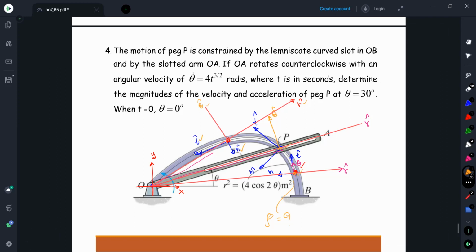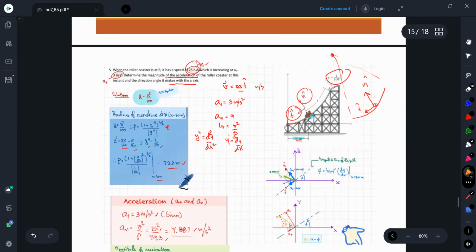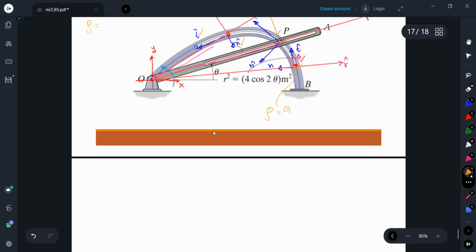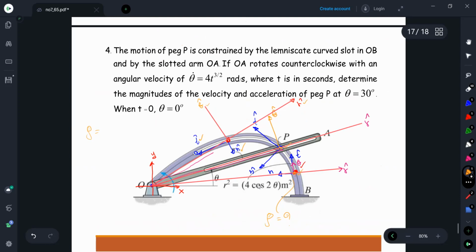Okay, because we don't know exactly the path in terms of x and y. If we know it in x and y, we can use the formula of rho that we apply for this case. Okay, that is, we have to convert it to x and y also.